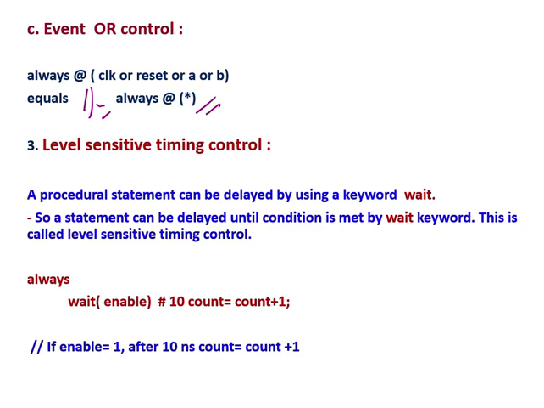Whenever you find an OR inside the bracket with always @, it means if there is any change in clock, reset, A or B, then the body, whatever is written in it, is executed. These lines are executed. This is called event OR control.